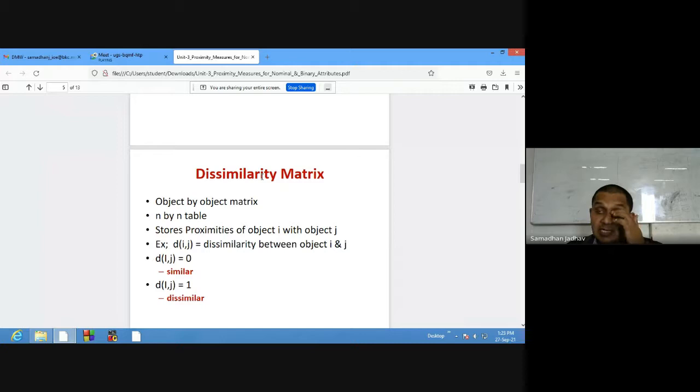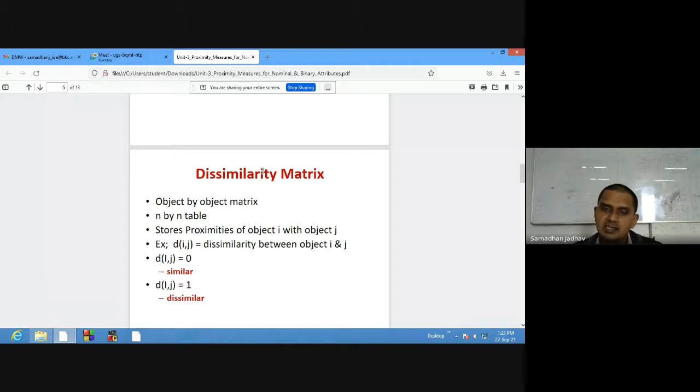So if it is cell number 22, what does that indicate? It's the dissimilarity of object 2 with object 2. If it is 2, 1, then it is the dissimilarity of object 2 with object 1, right? So it's a value.